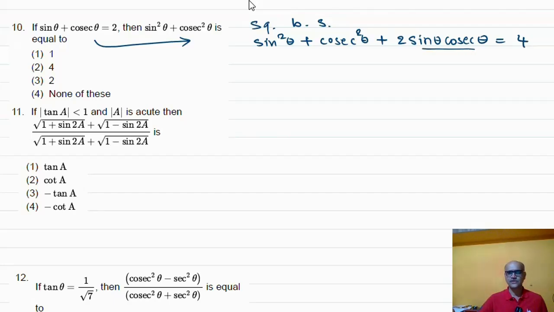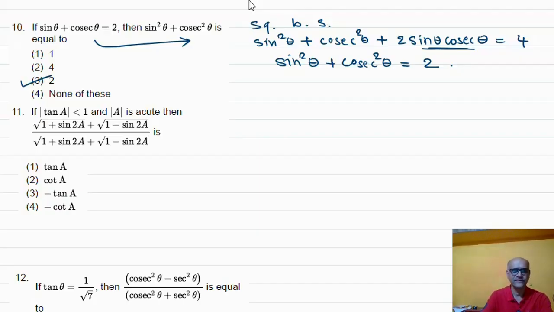Sin is reciprocal of cosec, so this product will be 1. So take the 2 over here and you will have the answer. So sin square theta plus cosec square theta is 4 minus 2, which will be equal to 2. So the option 3 is the answer.